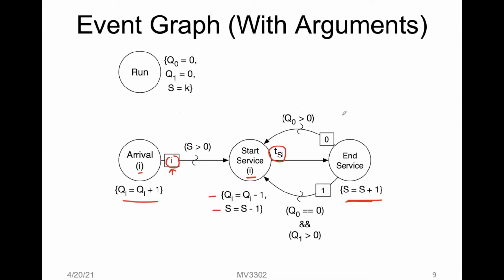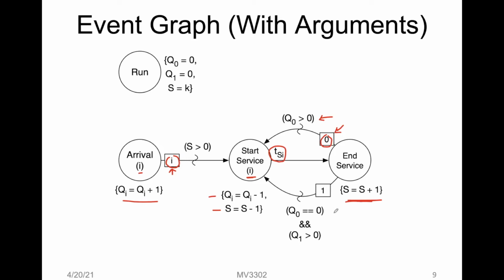In other words, here's where the priority kicks in. If there's somebody of type 0 in the queue, I want to start service on them. So how do I do that? First, I check to see whether Q0 is bigger than 0. And then here I'm passing it 0. So this is saying if there's a customer of type 0 available in the queue, then I will schedule a start service I, but pass it the value 0.